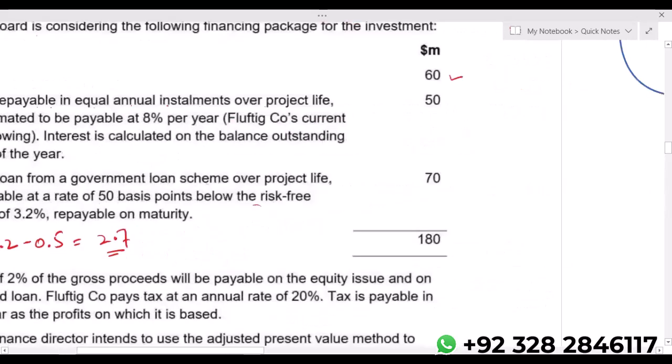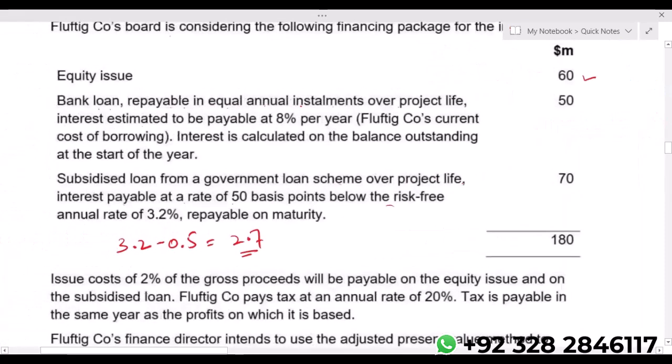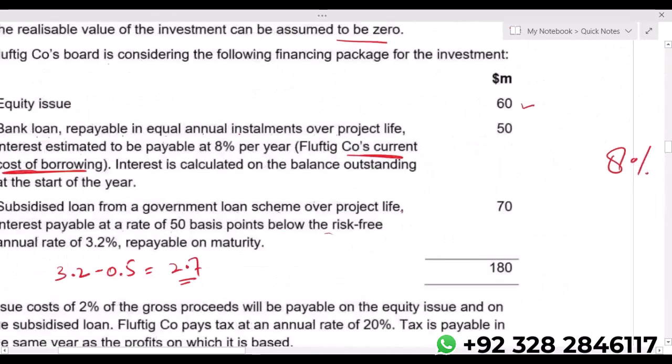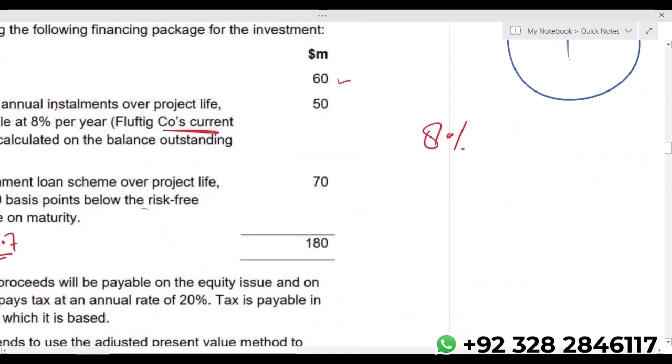Now try to understand. Normal borrowing rate is 8%. You can check here the company's current cost of borrowing is 8%. Normal borrowing rate is 8%. Subsidized rate is 2.7. So the subsidy benefit percentage is 8 minus 2.7.